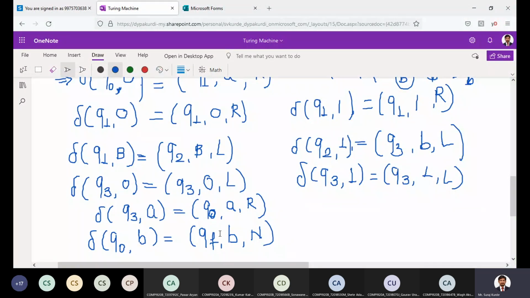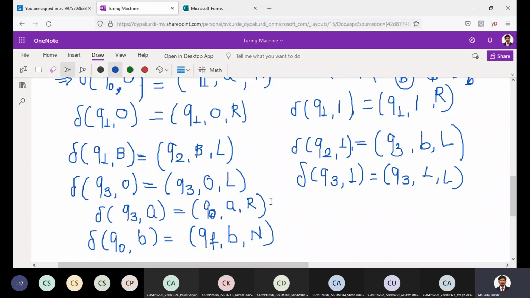Here, if you want, you can show the reject state. Again, that is optional. Sometimes it is required. If you don't show it, it is still accepted. So these are the valid transitions.